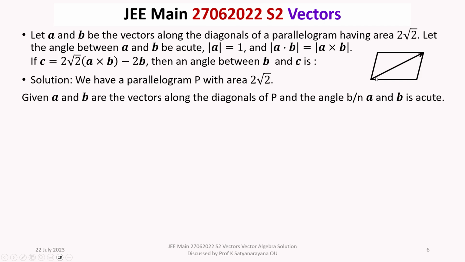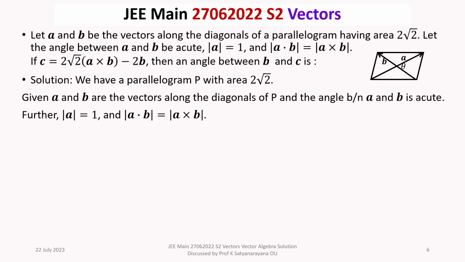This is your A along one diagonal, and the vector B along the other diagonal. The angle between A and B is theta, and theta is acute. Further, we are given mod of A is 1 and mod of A dot B is equal to mod of A cross B.